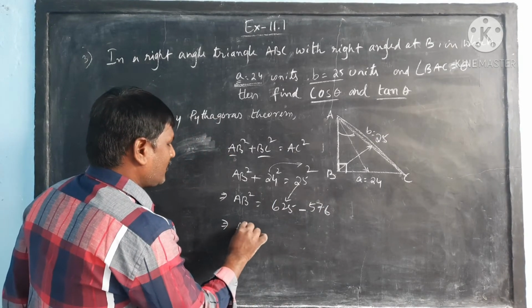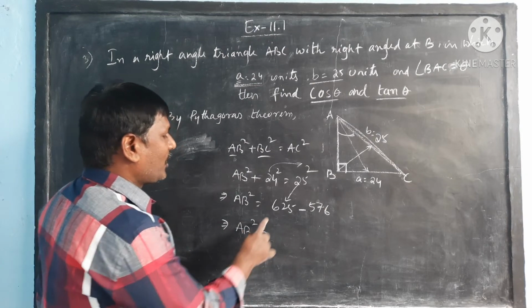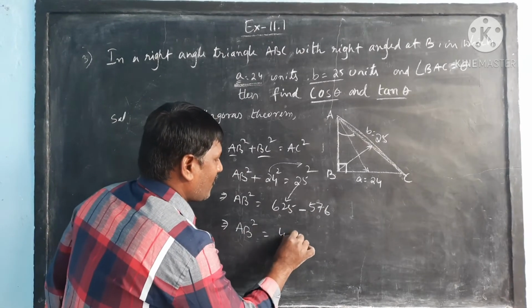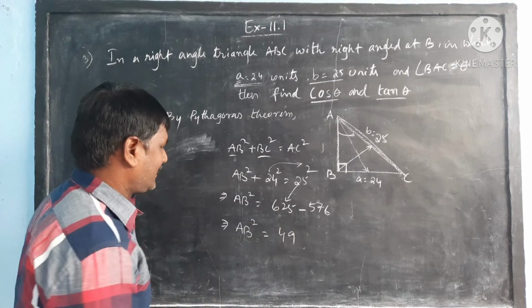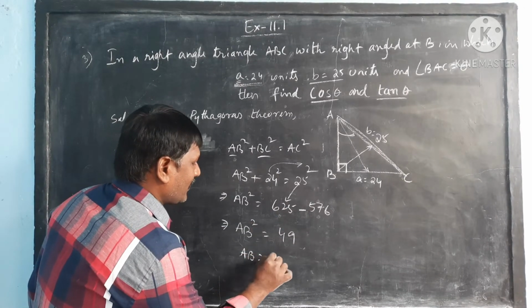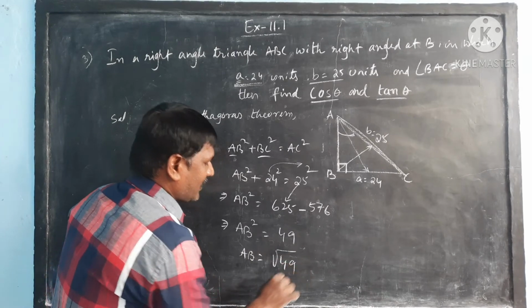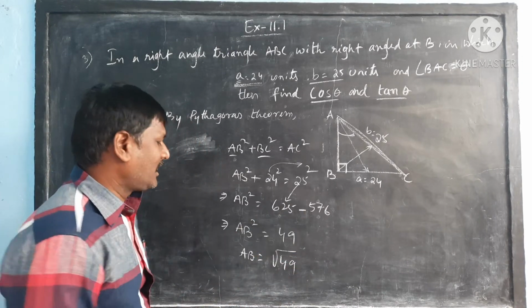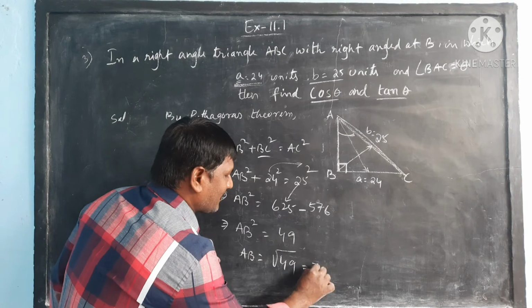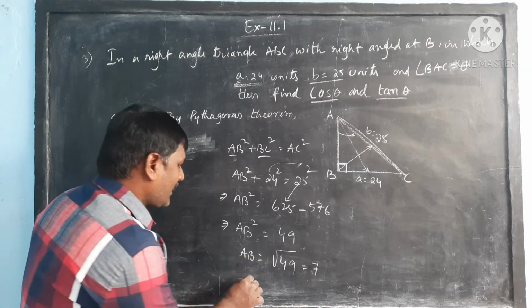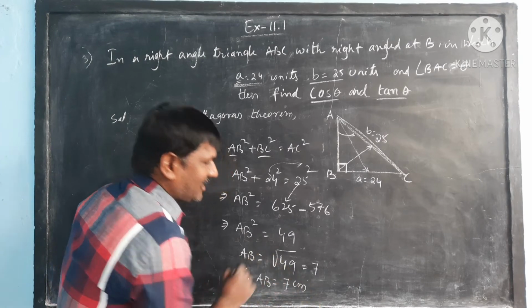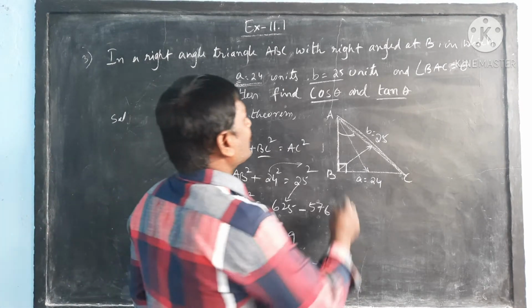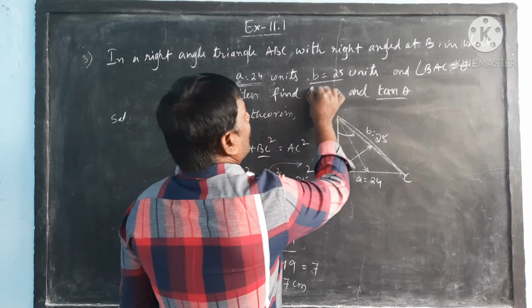Then AB square is equal to 49, after subtracting 625 minus 576. Then AB is equal to the square root of 49, which is 7. Therefore, the length of AB is 7 centimeters.